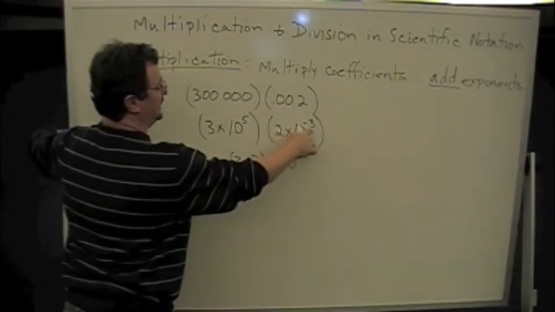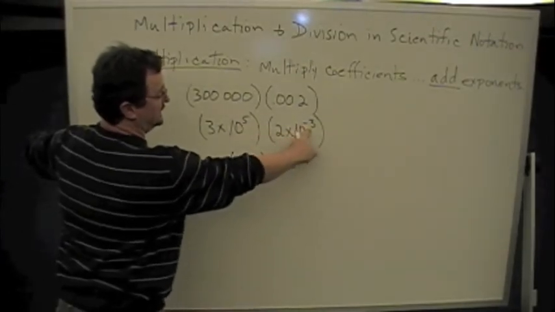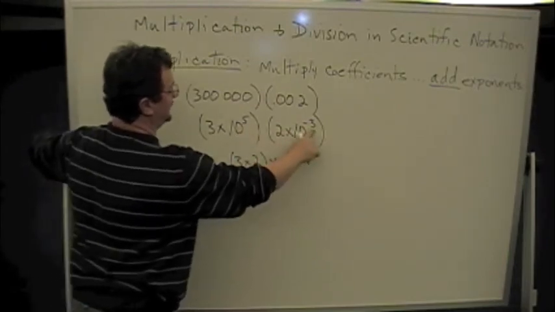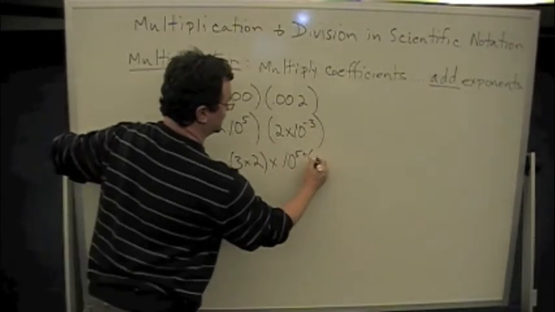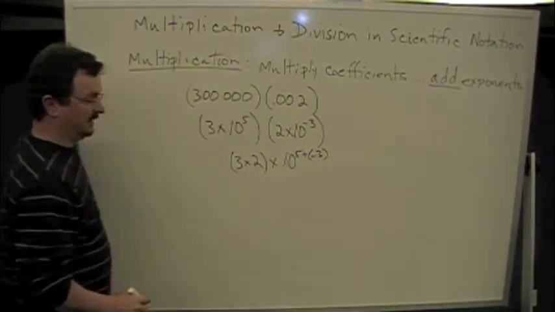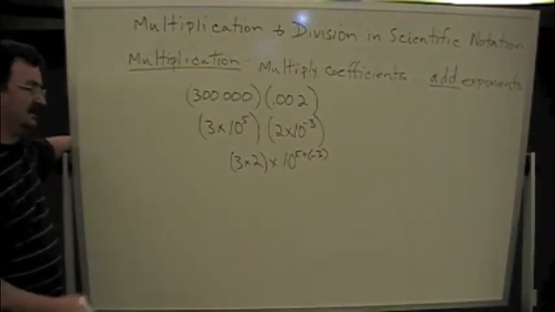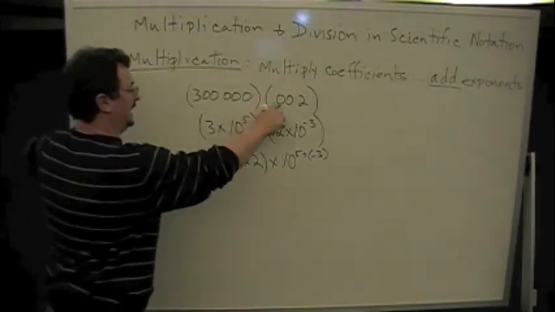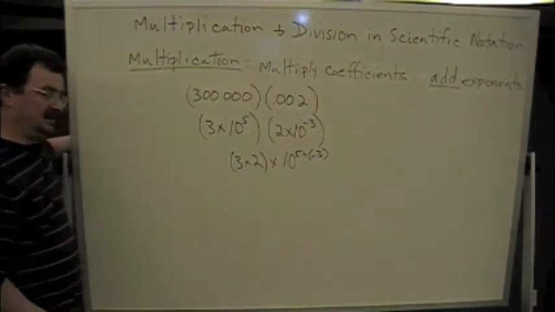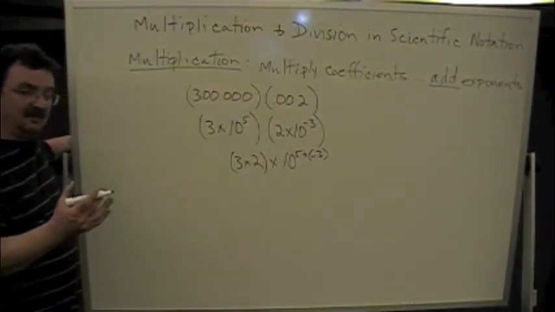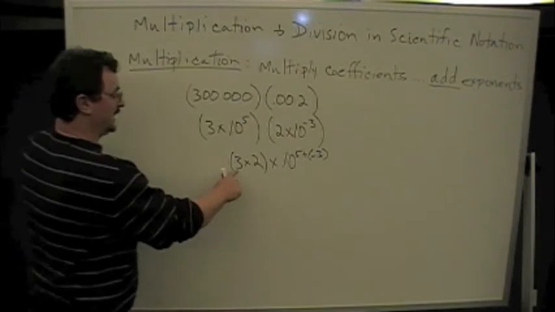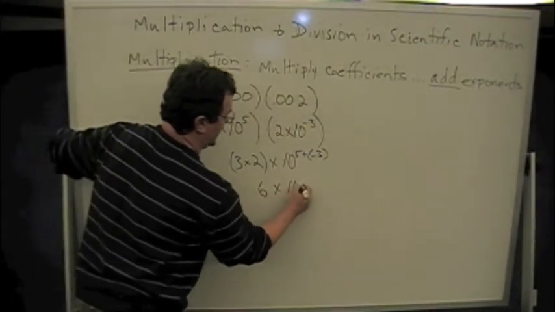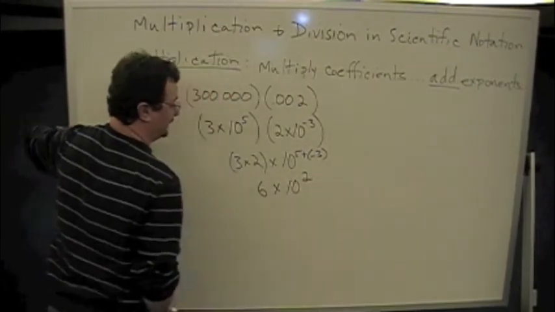You're adding together the exponents, but in this case, the exponent is a negative 3. So instead of being 5 plus 3, this is 5 plus a negative 3, which is the same as 5 minus 3. So it can get a little tricky. When you're multiplying with decimal numbers, you're adding a negative exponent, so you have to be very careful with the signs. So here you have 3 times 2 is 6. So this is 6 times 10 to the 2nd power.